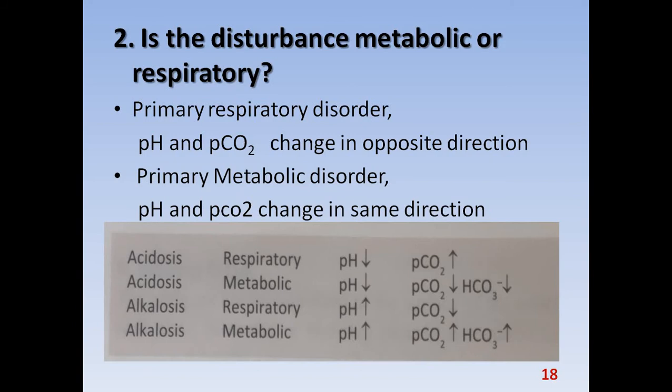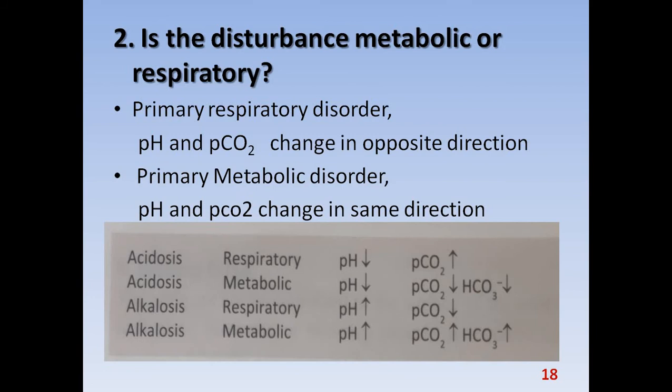Now we have to ask, is the disturbance metabolic or respiratory? You see the table. Before going to the table, if it is primarily a respiratory disorder, then the pH and the partial pressure of carbon dioxide change in opposite direction.